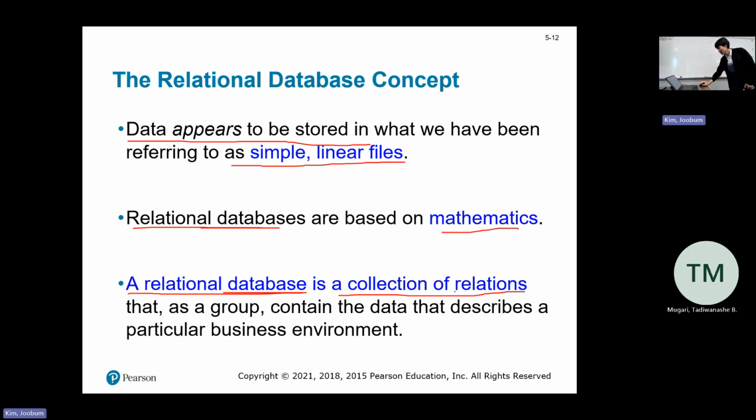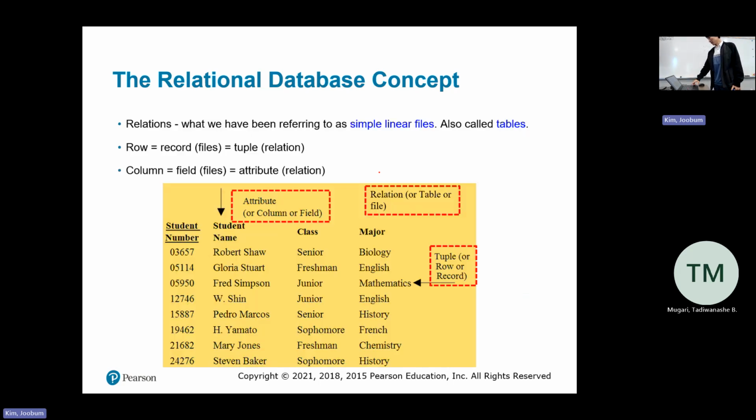A relational database is a collection of relations as a group that contain the data describing a particular business environment. So it stores data as a simple linear file format or table. That is a relational database. It's the beginning concept. So what is a relation? Simple linear files.